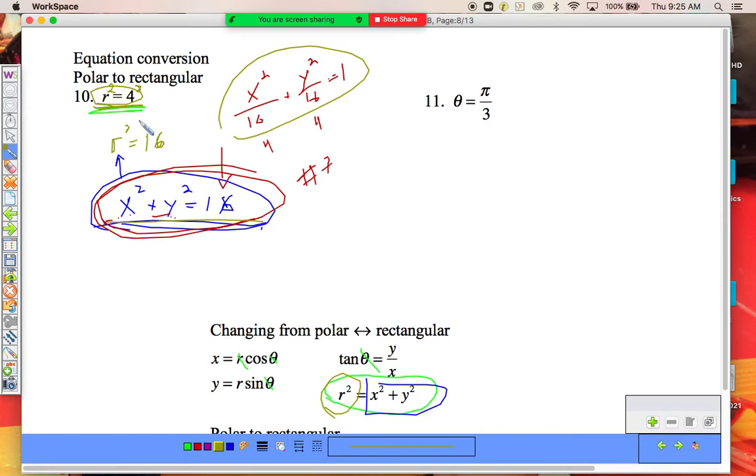All right, so let's do number 11 then. Number 11, I'm going to tell you, just because we don't know yet, is a line. So when I'm done, I need to have the equation of a line written.